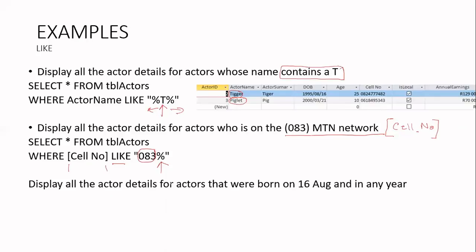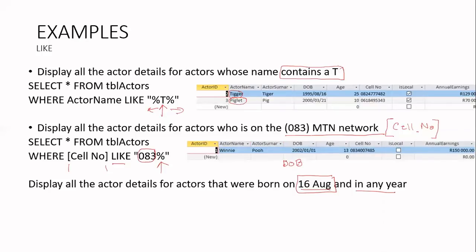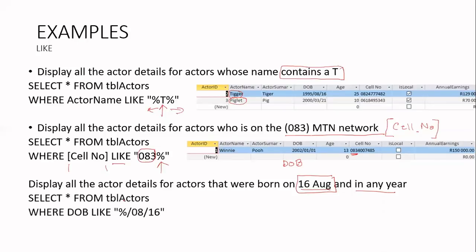In the next example, we're looking for actors who were born on the 16th of August, and we are not concerned about what year, but it's an exact day and month. So we're working with the date of birth. That's the field, date of birth, and sorry, that was the output for the previous one who was on the 083 network. In this particular example, look at how we use the date.